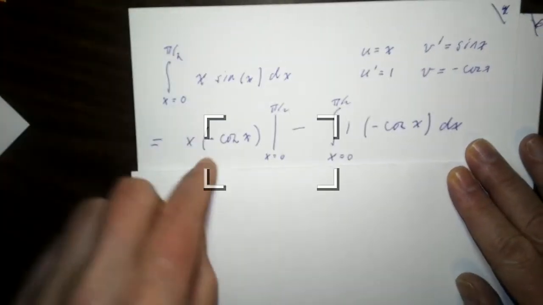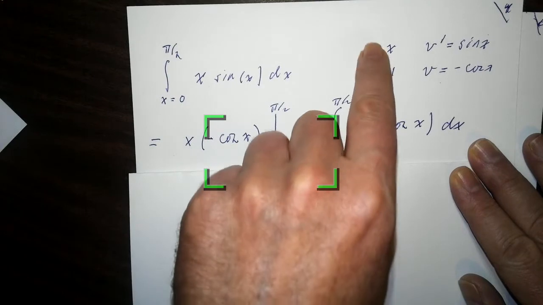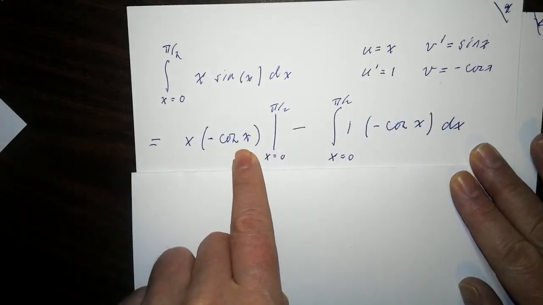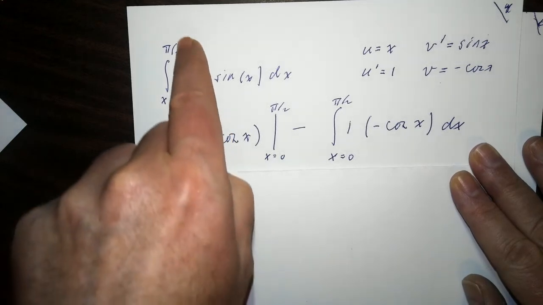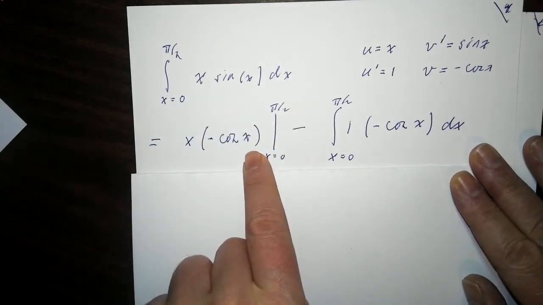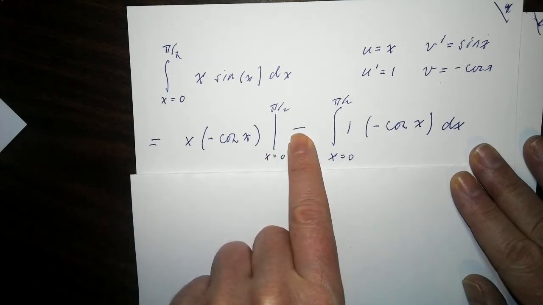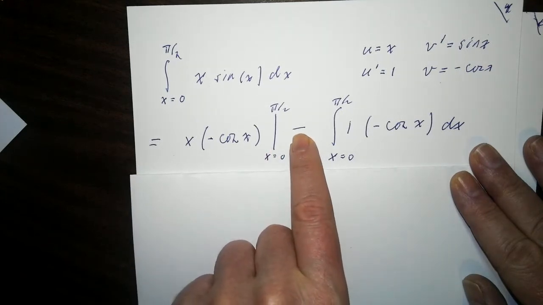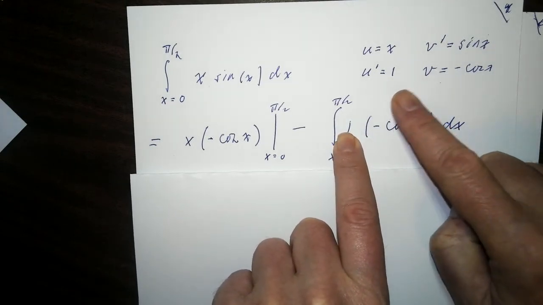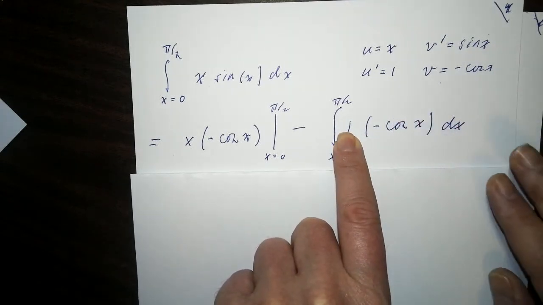Then the integration by parts formula says that I have u times v, so that will be x times minus cosine of x. And now, because this is a definite integral, I have to evaluate this at the endpoints. And then the other part of the integration by parts formula says that I subtract the integral of u prime times v.